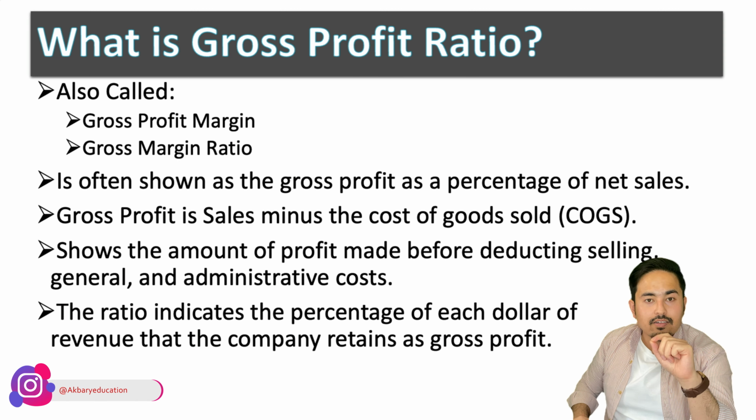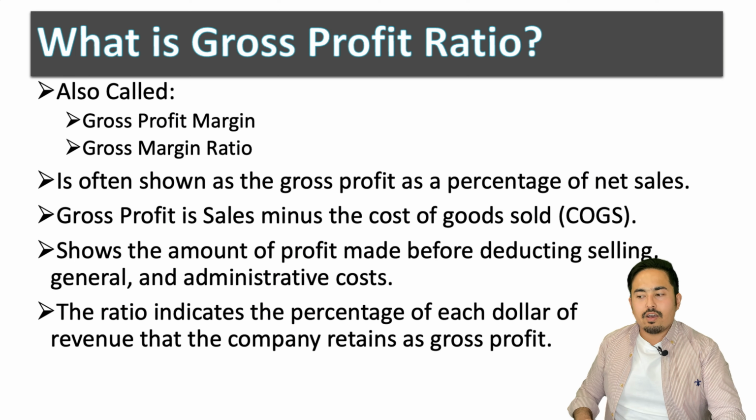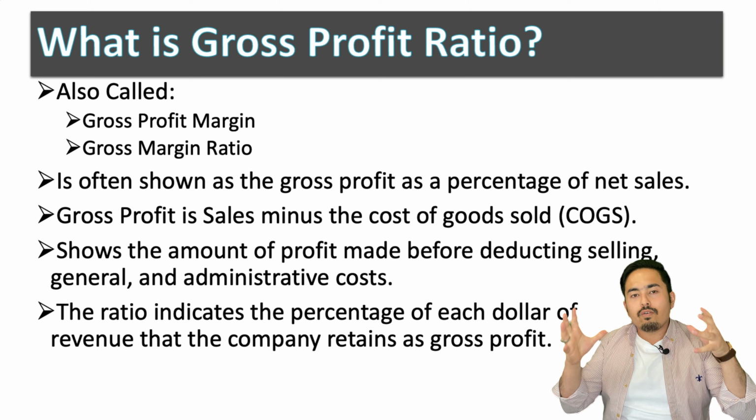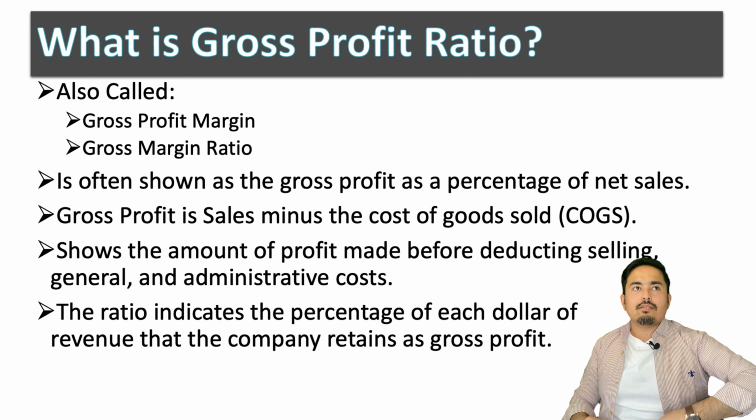Gross profit is sales minus cost of goods sold. I already told you that's the sales of the business. The cost of goods sold will be deducted and you will end up with the gross profit of the business. It shows the amount of profit made before deducting the selling, general and administrative costs, or overall the operating costs. What does it mean?